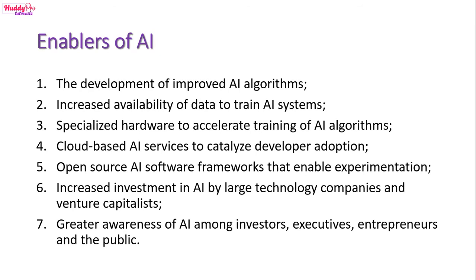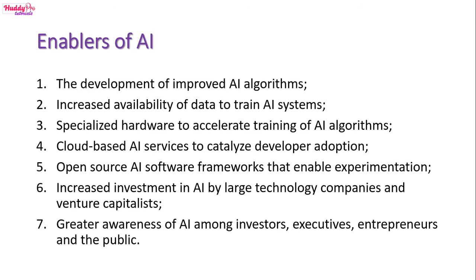Nowadays we have very many computer scientists that can write improved algorithms. Algorithms are steps that are followed, and these steps can be translated into a computer program that the computer will follow to perform specific tasks. Those steps that are well arranged in a particular format are what we call algorithms. So that's the number one enabler of AI.